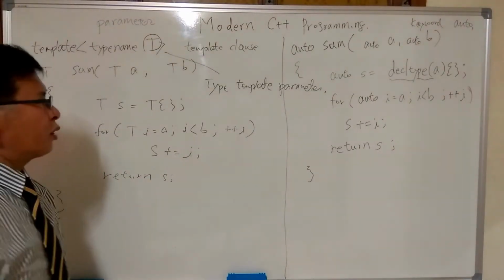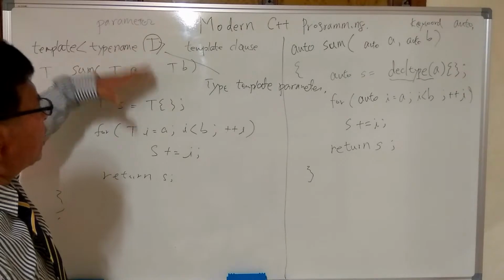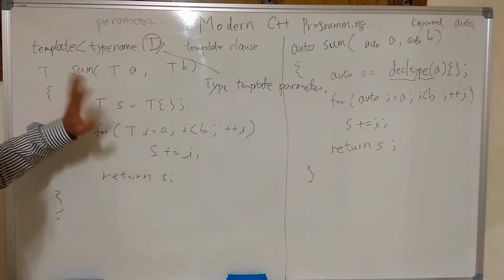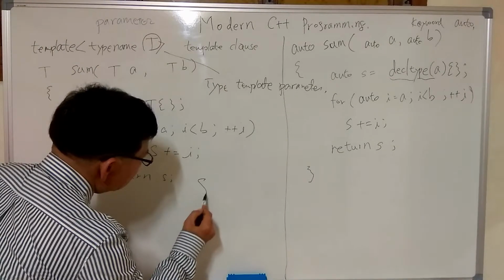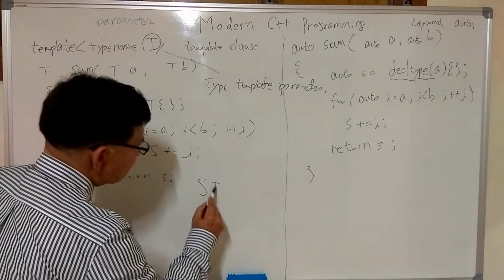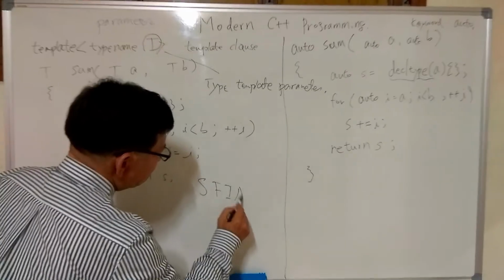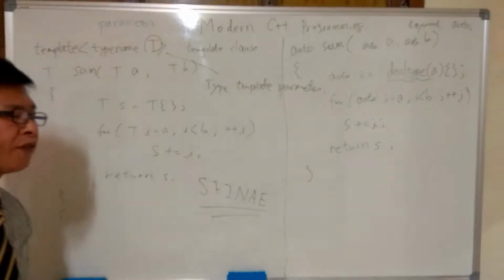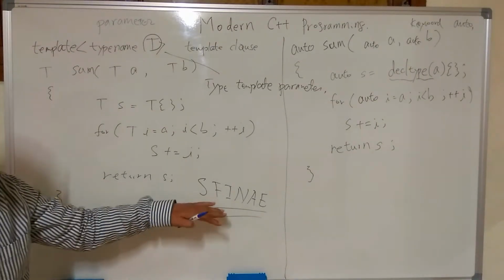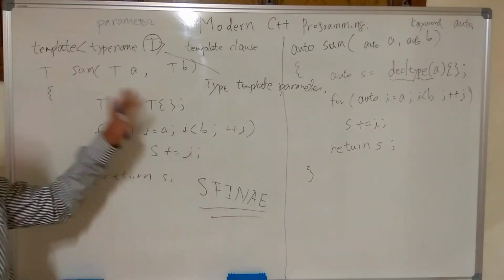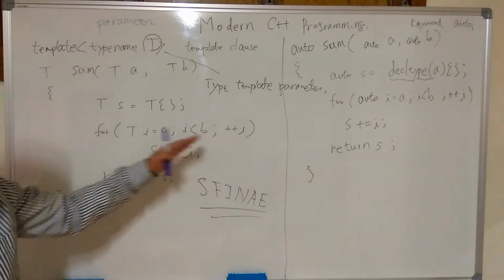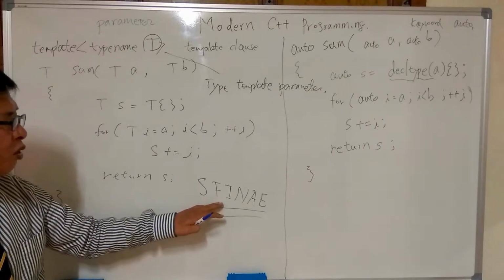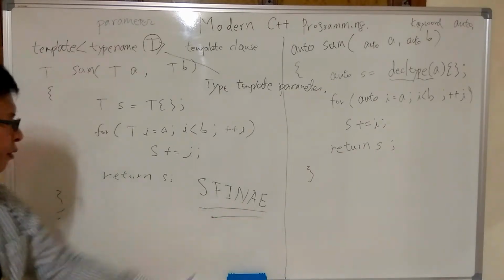In future videos, we will learn how to use these functions. We eventually learn the famous SFINAE, which is our aim of this series of videos. I will explain all my explanation targeting SFINAE. SFINAE means substitution failure is not an error.